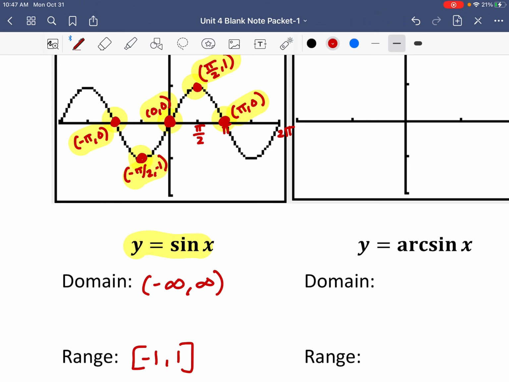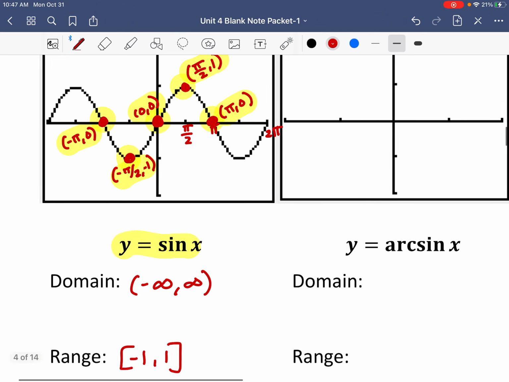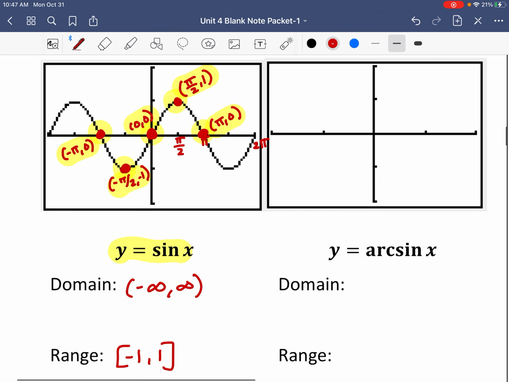Now think about what we might do if we were trying to graph arc sine, which is inverse sine. Remember, you take your point and you switch x and y. So we're going to take all these points and we're going to switch x and y. So let's come over to this graph first, wrap our mind around this. This time, if you look here, all of your y values go from negative 1 up to positive 1.